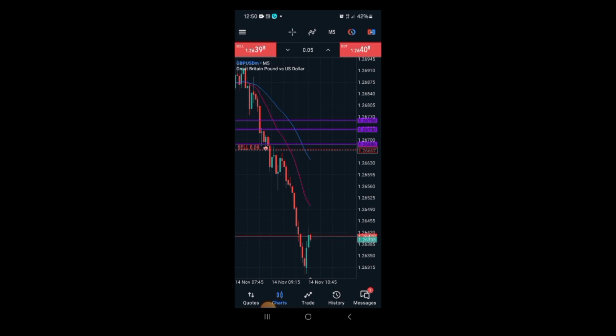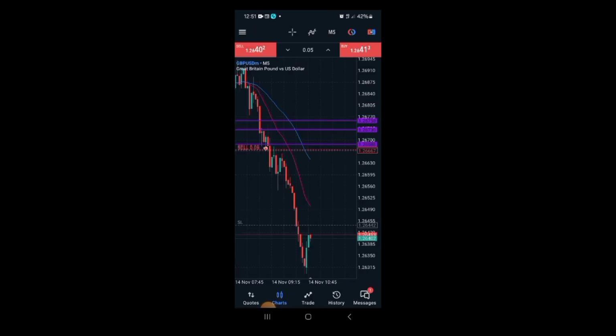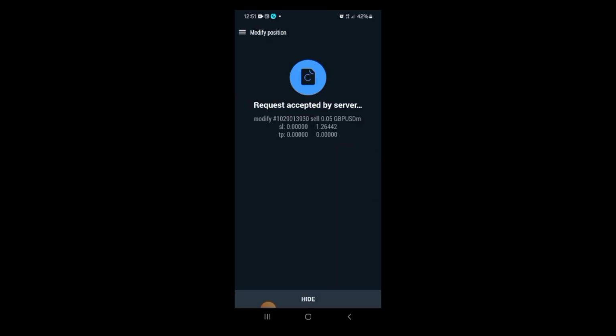I know that this market can actually push further down. But one thing I can say, guys, is you must honestly take what the market can give you. In that case, you know what? I think I am going to just trail my stop loss to here. And at least once I've trailed the stop loss, I know that if the market just turns around here, then I've made about $22, which is a 1:2, which is great.